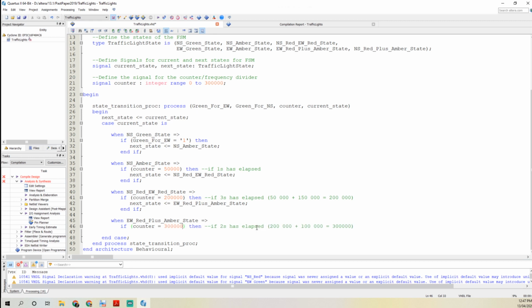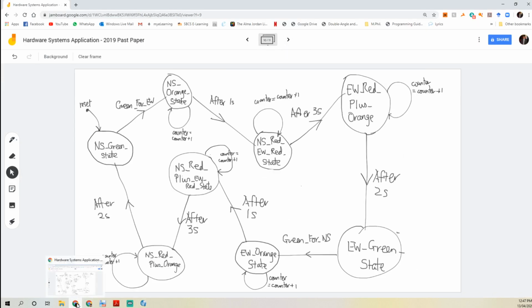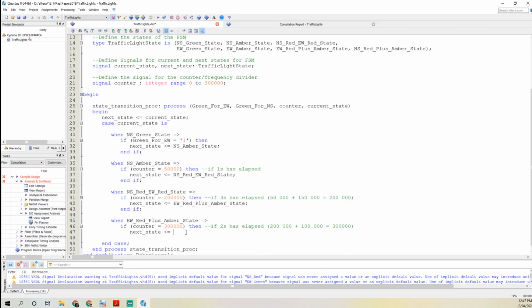So if count now is equal to 300,000, then the next state is going to be my east-west green state. All right, so the next state here is now my east-west green state.